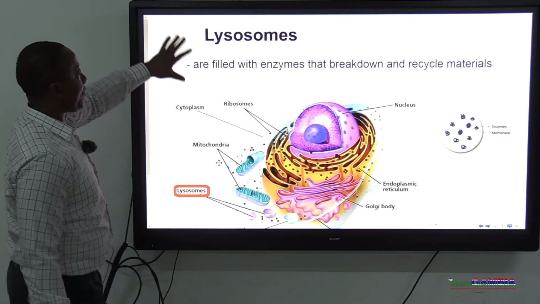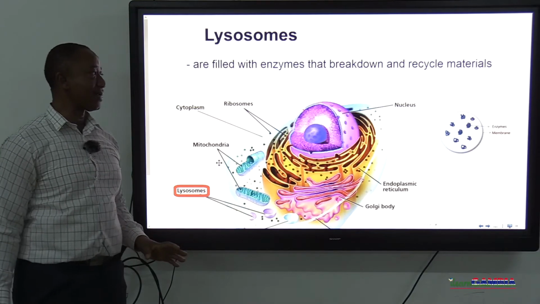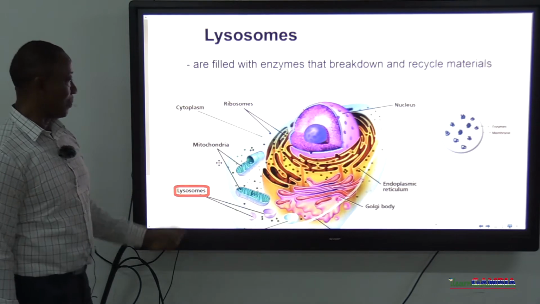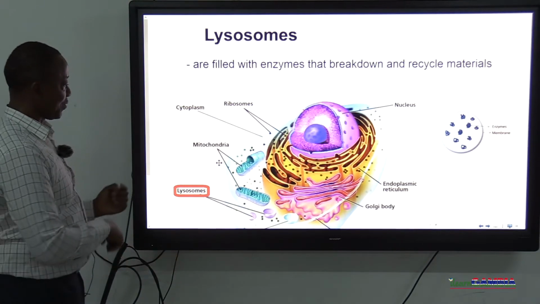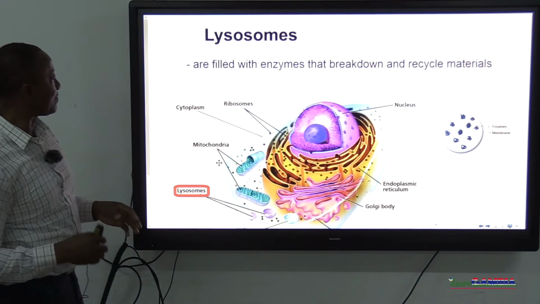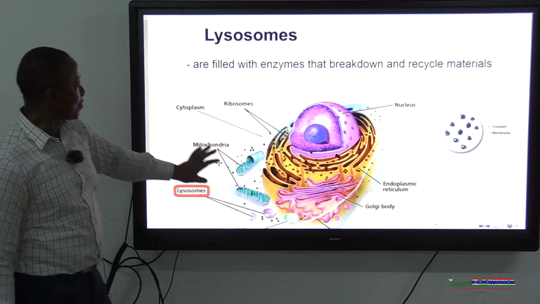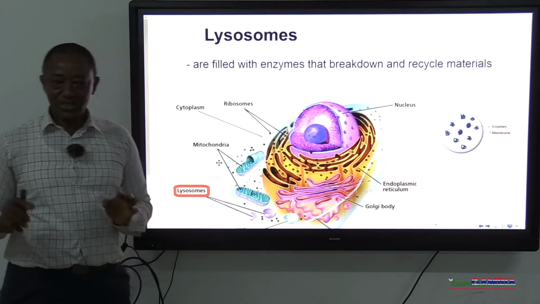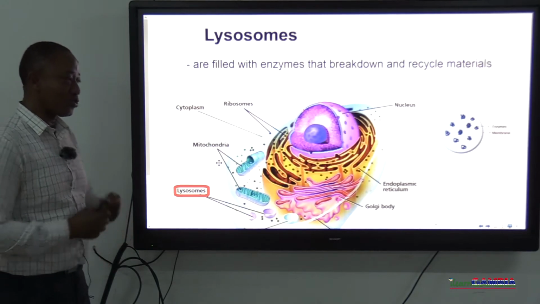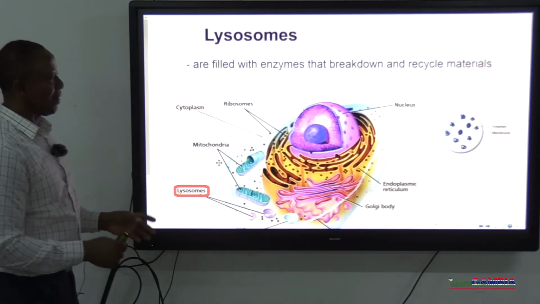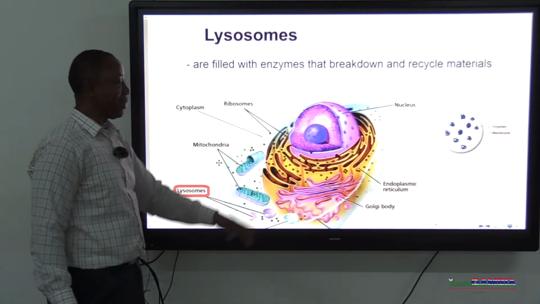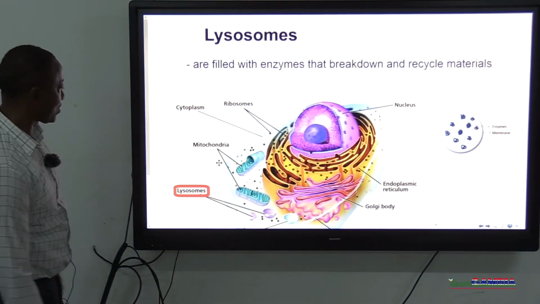Lysosomes are filled with enzymes that break down and recycle materials. Very interesting the way nature operates, because nature recognizes that certain materials are expensive. So when some materials or cells are no longer useful, it doesn't just throw them away, it breaks them down, collects important molecules, and these can be used again to build newer molecules and so on.